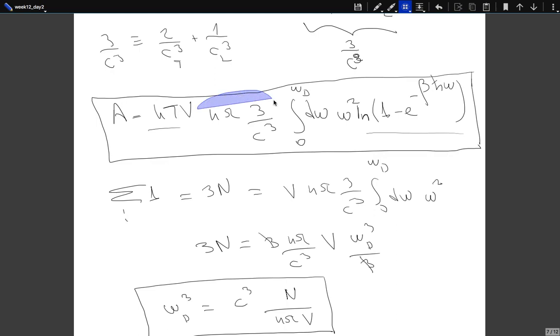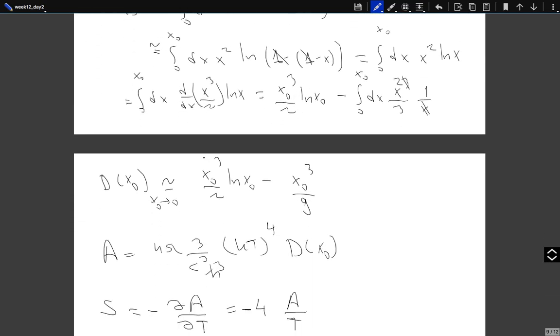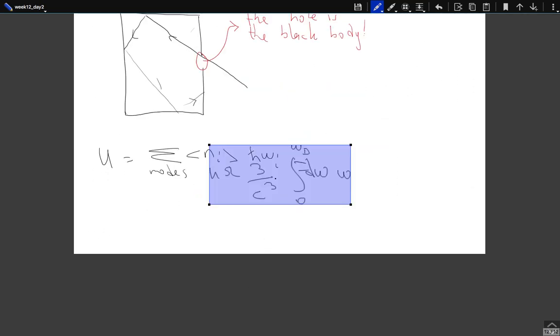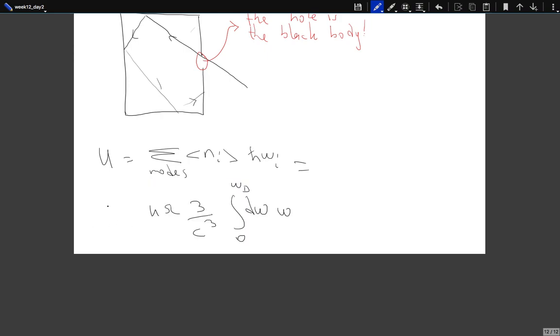So it's just 4 pi omega squared over c cubed dω, omega squared, h bar omega, and the average number of photons in this mode is given by the Bose-Einstein distribution.